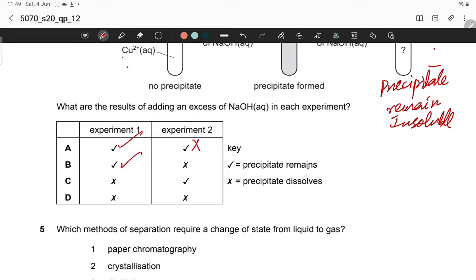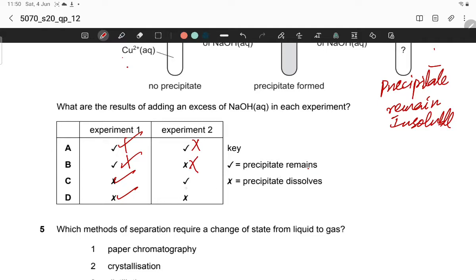Precipitate remains, this is not correct. Precipitate dissolves, not correct.